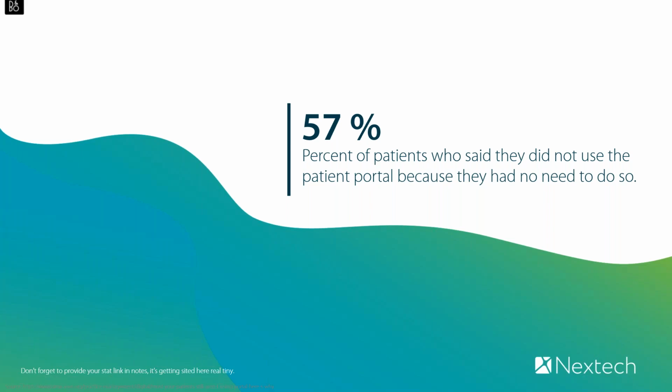We've got to start thinking about what they want and what they need, going back to that original list I was just presenting: the self-scheduling, the registration, the appointment reminders, and there was a lot more to it, and we'll see more in a minute. More than half the patients that get access to a patient portal don't even use it. So maybe if we offer them the right functions and features, we can not only help us, we can help them. And that's going to be the whole point of today's call.